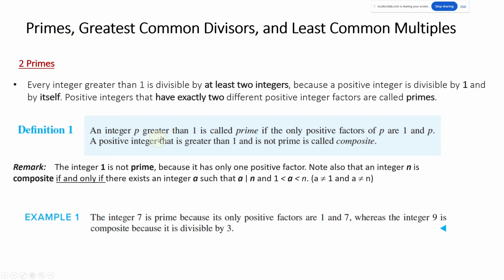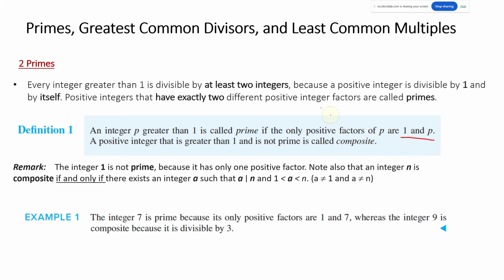Well, primes are integers greater than 1 first, so 1 is not going to be included as a prime. And an integer p is a prime only if the only positive factors of p are 1 and p.